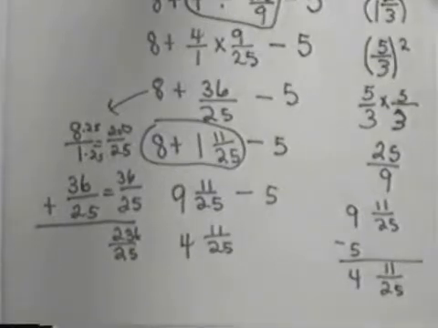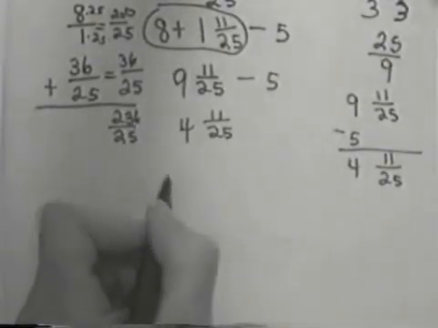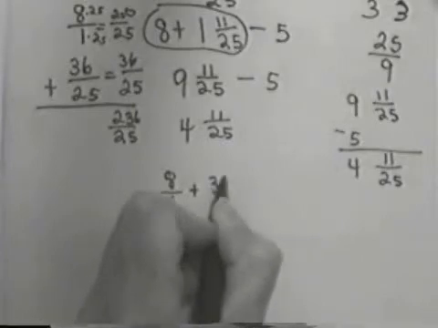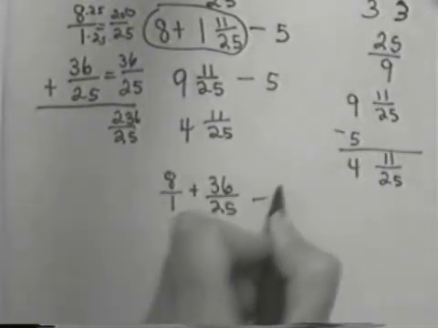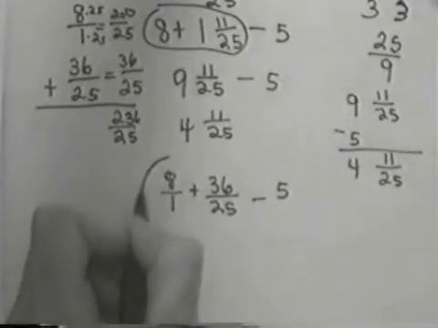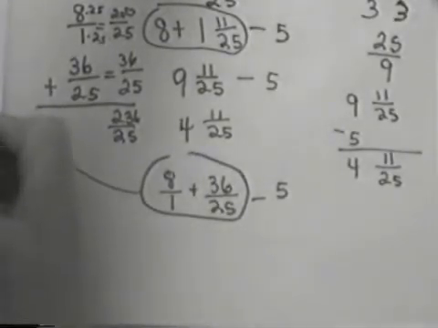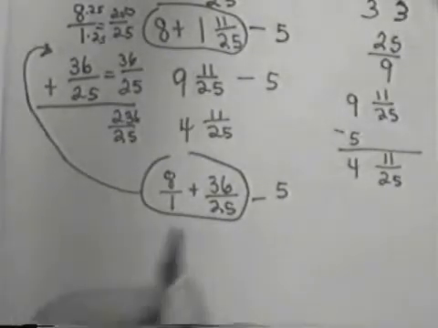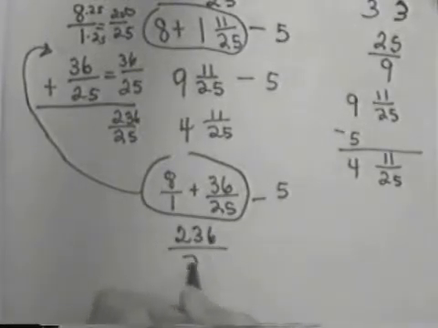So then what I have to do, and I'm going to need to show you down here. In other words, what we just did is we had 8/1 plus 36/25, subtract 5. When we did this, by getting a common denominator over here, we came up with 236/25.